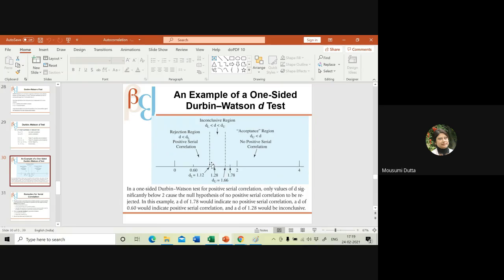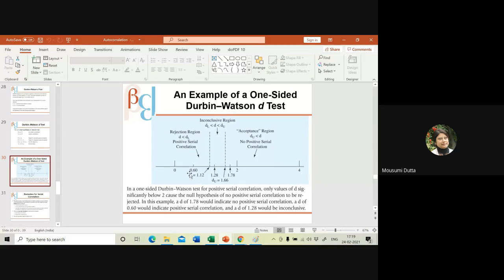This range is the range in between DL and DU. We have a DL which is 1.12 for this particular problem, and we have the DU value which is 1.66. So DL is 1.12, DU is 1.66.